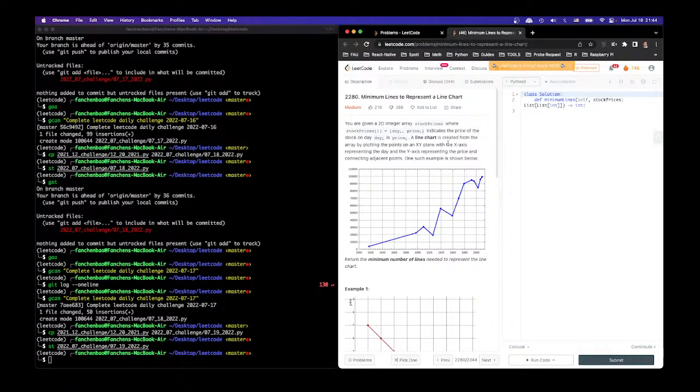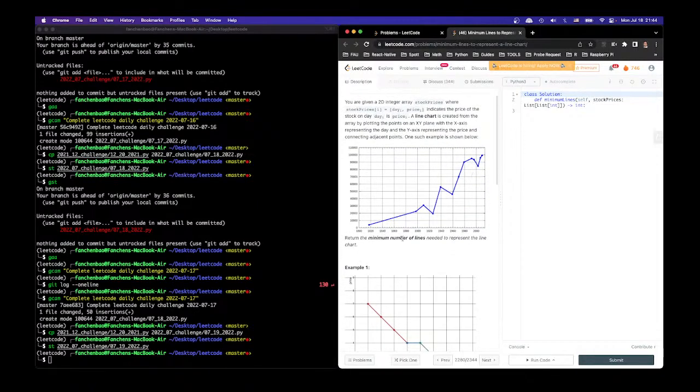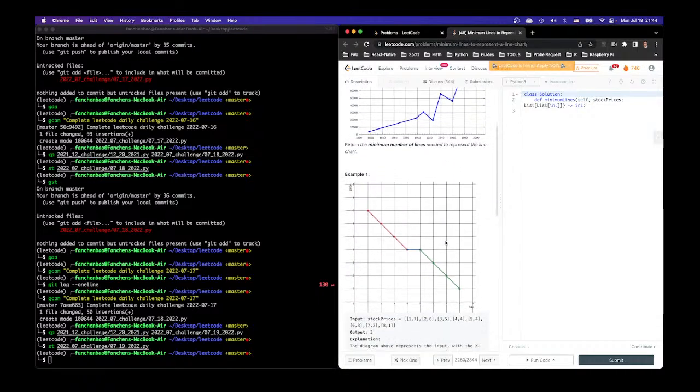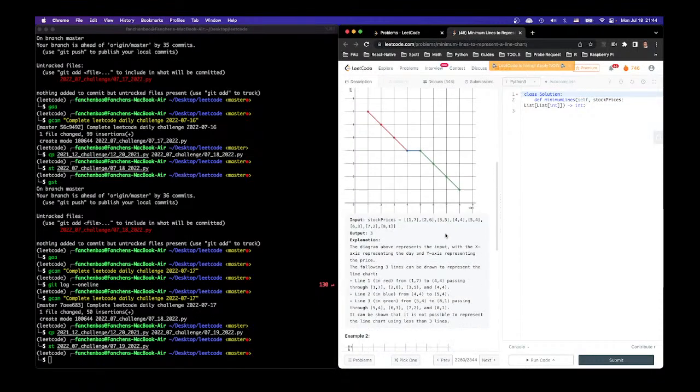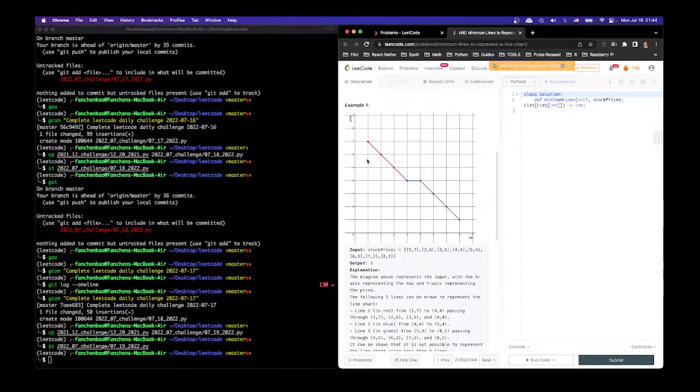A line chart is created from the array by plotting the points on an xy plane where the x-axis represents the day and the y-axis represents the price, connecting adjacent points. Return the minimum number of lines needed to represent the line chart. So in this case, we have 1, 7, 2, 6, 3, 5. And that's 1 line, 2 lines, 3 lines.